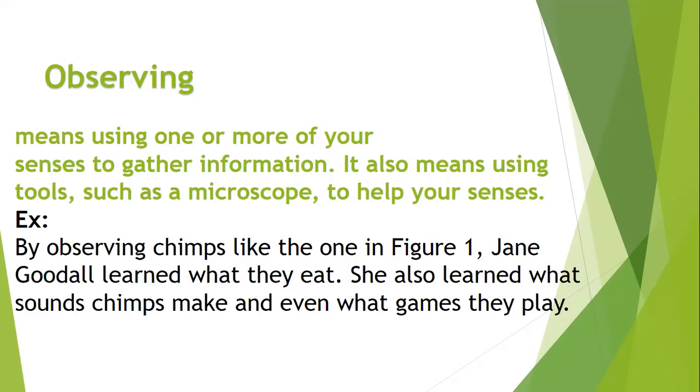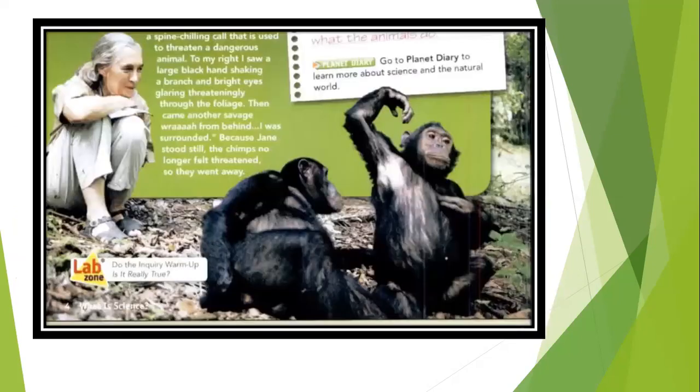So she observes them by sight, and also by her sense of hearing, so she gets the sounds they make when they are playing too. That is illustrated while Jane was watching the chimps playing.